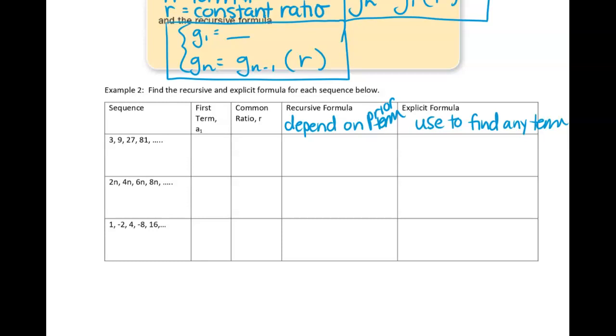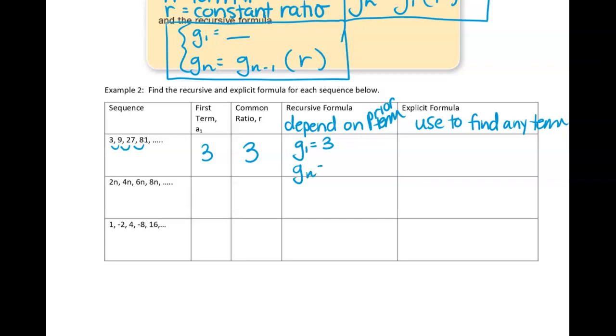So for this first sequence, our first term is 3. Our common ratio: 9 over 3 is 3, 27 over 9 is 3, 81 over 27 is 3, so R is 3. Then recursively, G1, the first term, is 3.